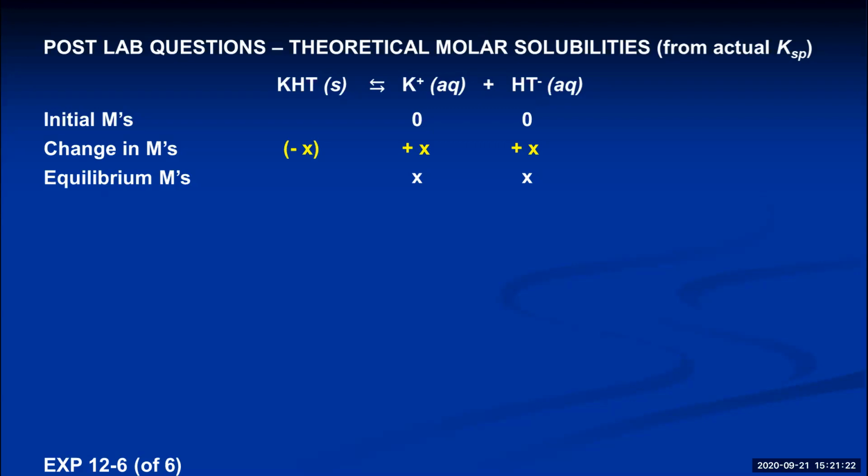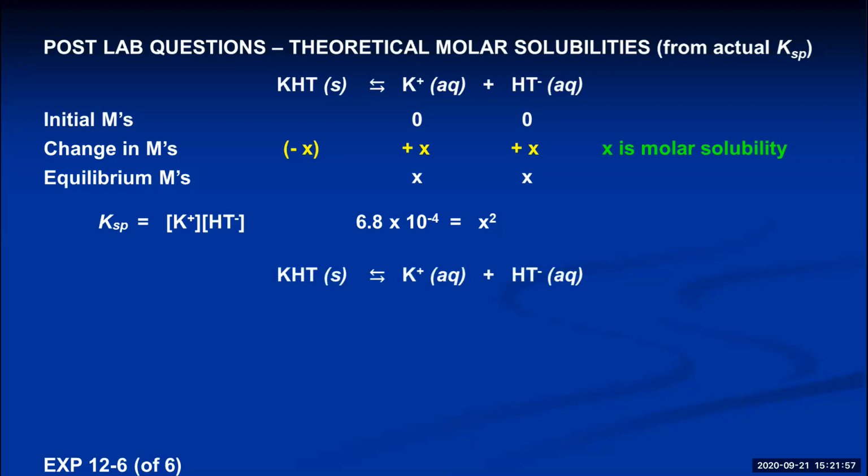Remembering that X stands for the molar solubility, if we can solve for X, then we'll know what the theoretical molar solubility is. The KSP expression is potassium ions times bitartrate ions, and in the post lab, I've told you that it's been looked up, and the KSP for potassium bitartrate is 6.8 times 10 to the minus fourth. So therefore, 6.8 times 10 to the minus fourth must equal X squared, and you should be able to solve for X, which will be the molar solubility in pure water, and we'll see how close that value is to what you got in part D today.